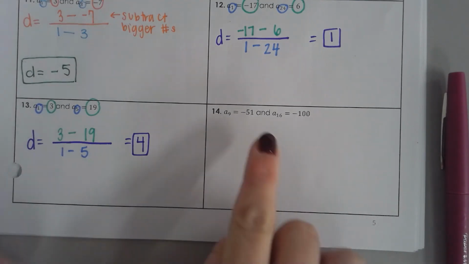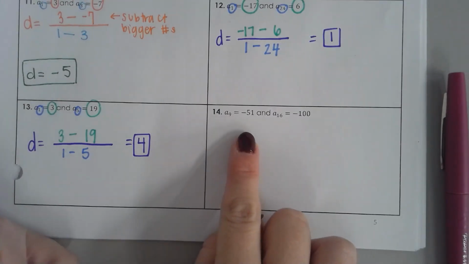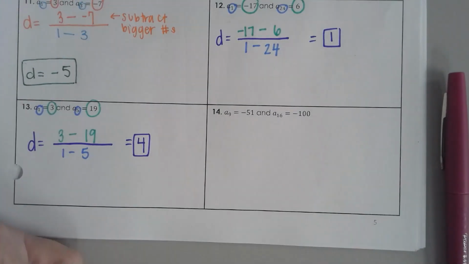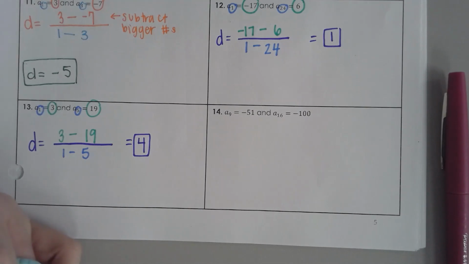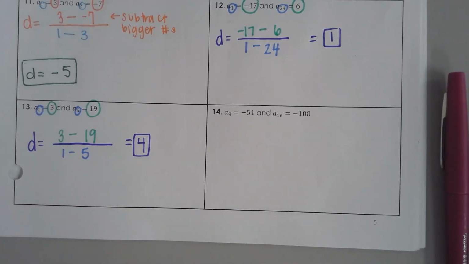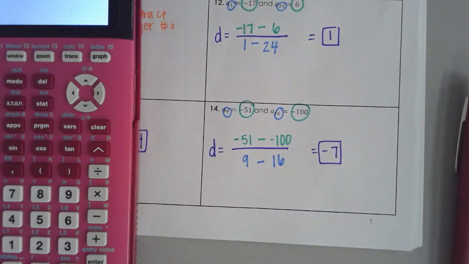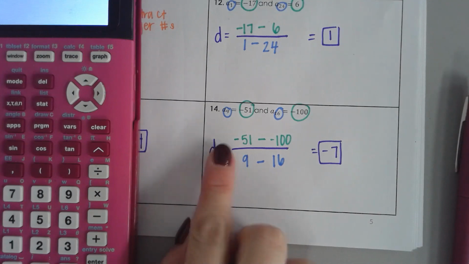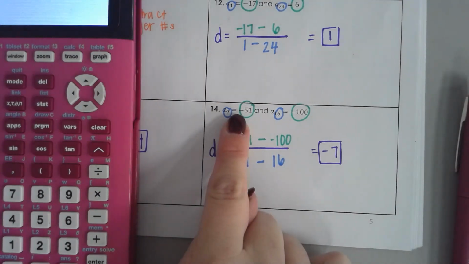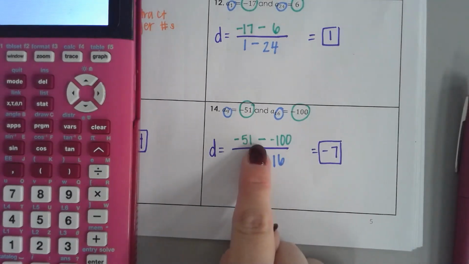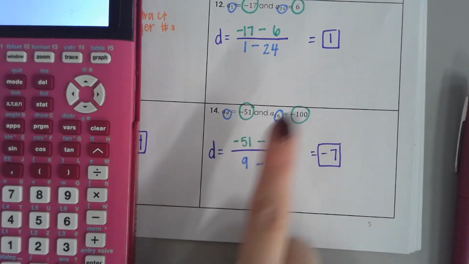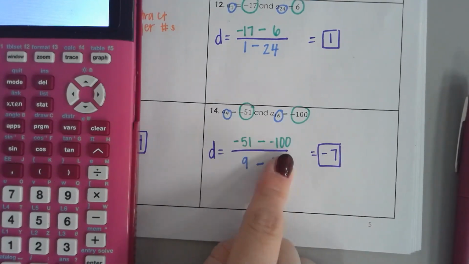Try number 14. Be careful with negatives, because when you subtract, you might subtract a negative number. That's okay. So number 14 in your fraction, you should have done negative 51 minus negative 100. So make sure you have both the minus and the negative.